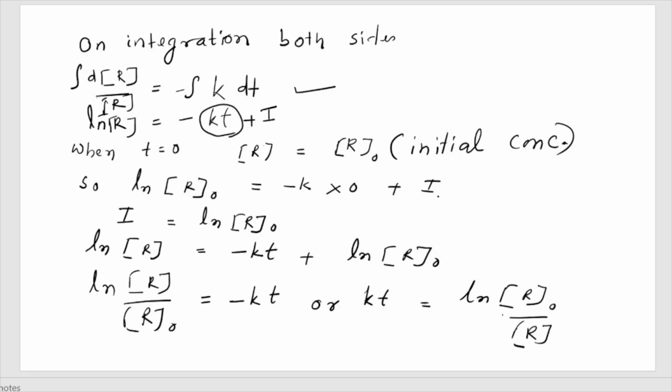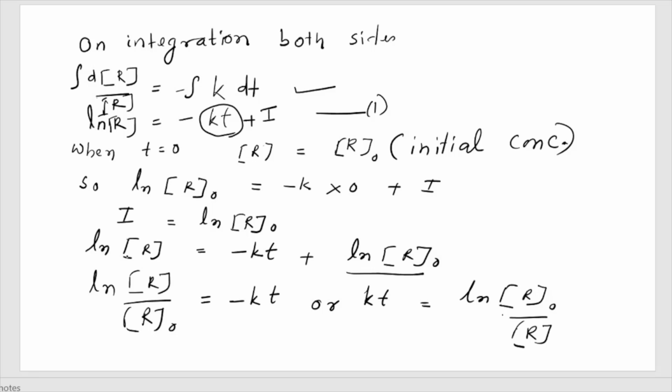What is I? I means ln[R]0. So if you put this value in the equation, call it equation 1, then instead of I you write ln[R]0. So are you clear?